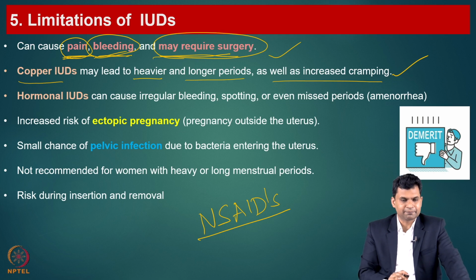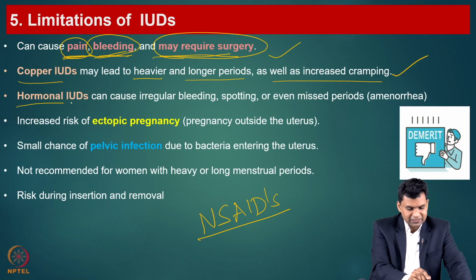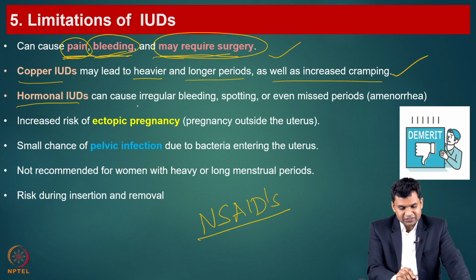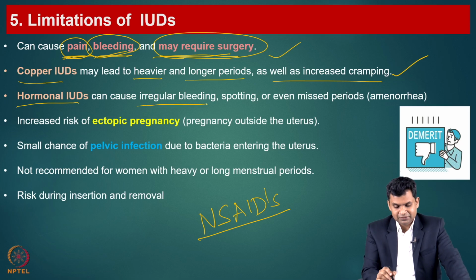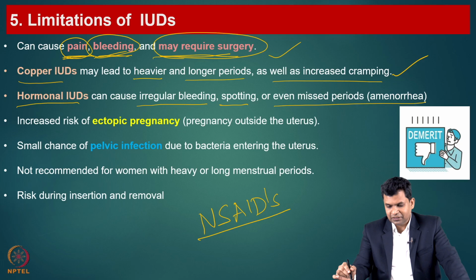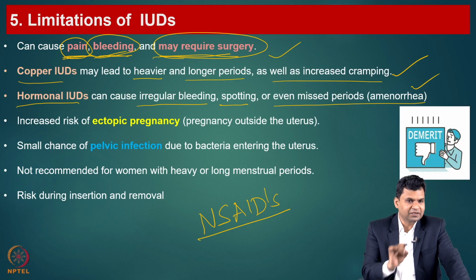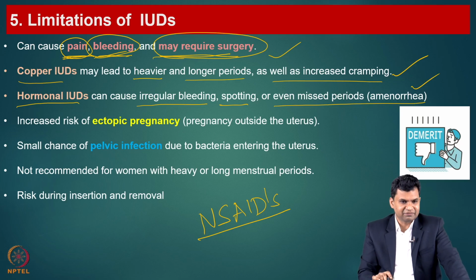The third disadvantage is that hormonal intrauterine devices can cause irregular bleeding and spotting, even missed periods, that is, amenorrhea. These are some of the problems pointed out because of the usage of intrauterine devices.